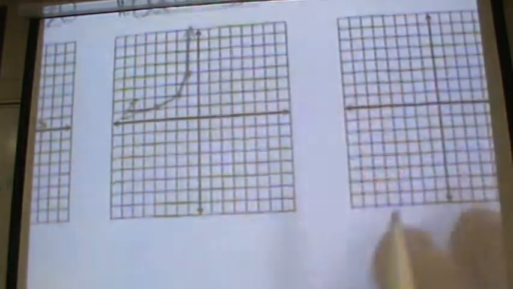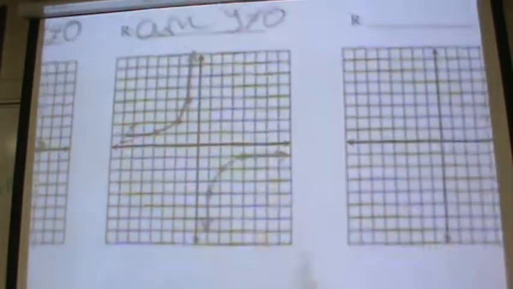Just like that. Then you flip it. Just like that.